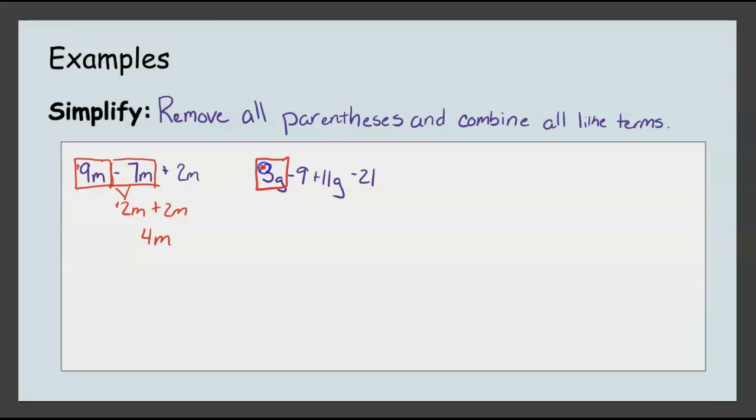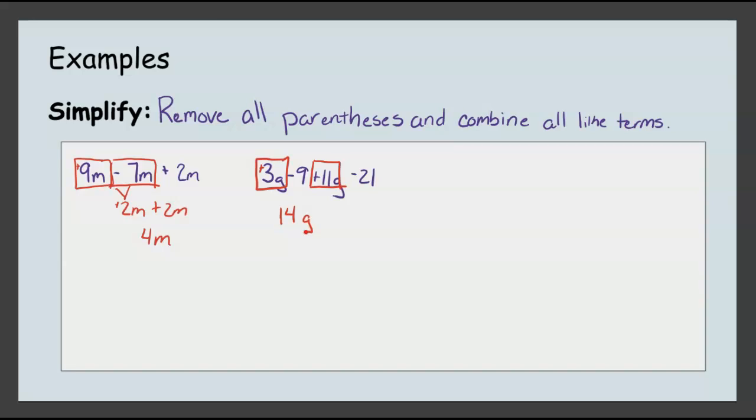Or 3? That's a positive 3. I have an 11. Now in front of the 11 is a plus sign. That makes that a positive 11. So I have a positive 3 and a positive 11. I'm going to combine the coefficients. 3 and 11, they're both positive. So that's going to provide me with a 14. So I have 14, and I just keep the g. The variable is just rewritten. We don't change it. I have 14g.